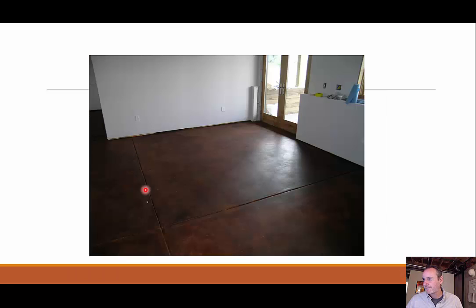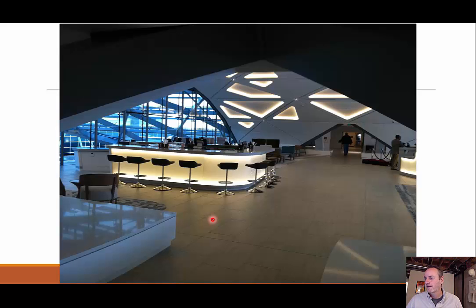Here's just another example of some massively big tiles. It almost looks more like a concrete floor, but it is still a type of flooring. These are definitely individual tiles. I can see an expansion joint here that goes through, things like that.